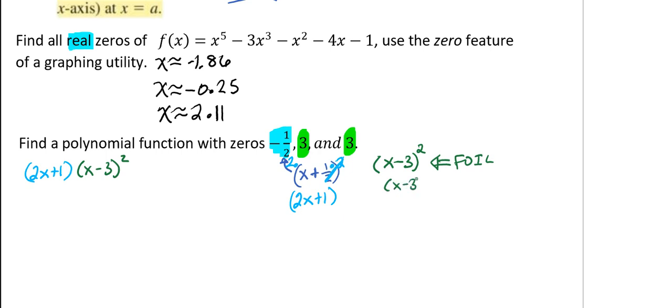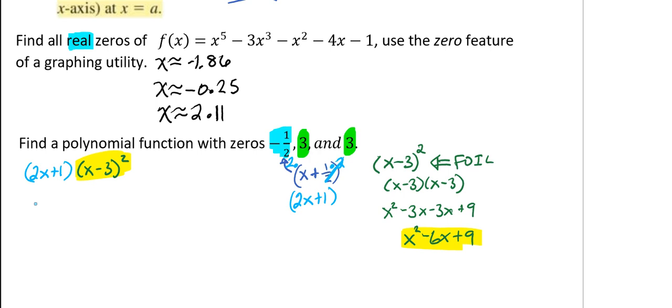If I have x minus 3 times x minus 3, then I have x squared minus 3x minus 3x plus 9, which gives us x squared minus 6x plus 9.